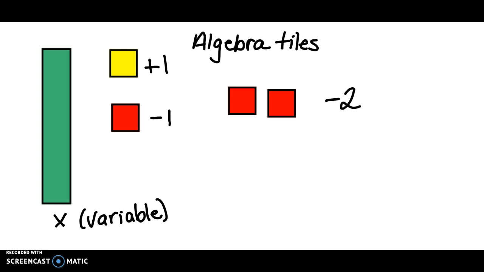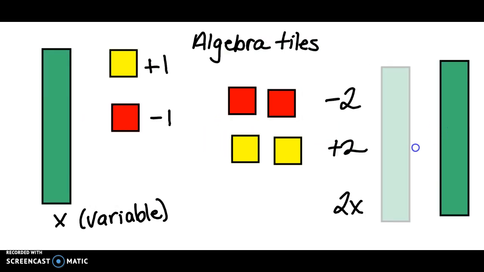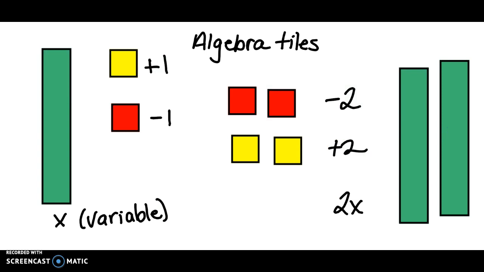If I wanted to show positive 2, I would use 2 yellow ones. And if I wanted to show 2x, I would do 2 green ones. Okay? So that's just for you. You don't have to write those down unless you want to.